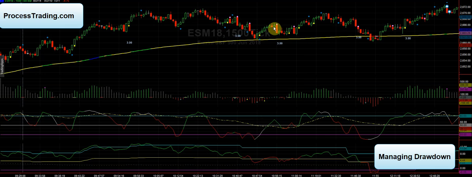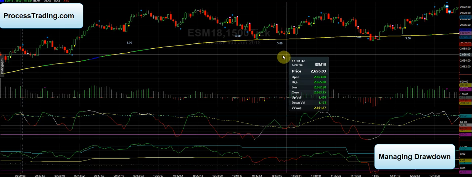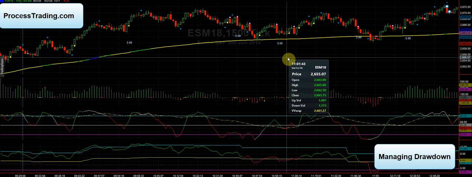So our 3.5 points here for our drawdown would take us to 62.25. And we see here it got down to 62.50.